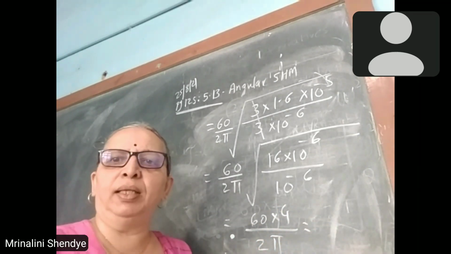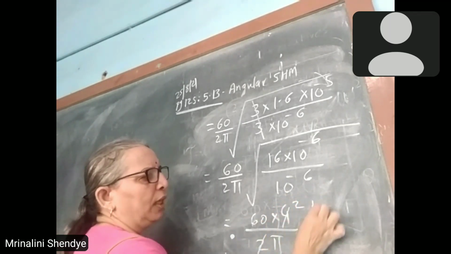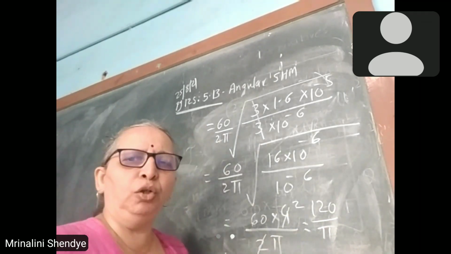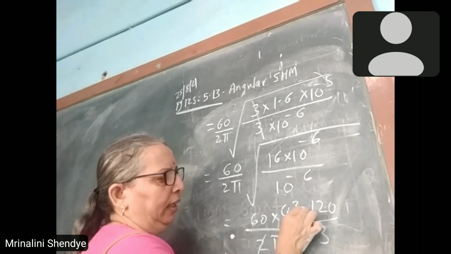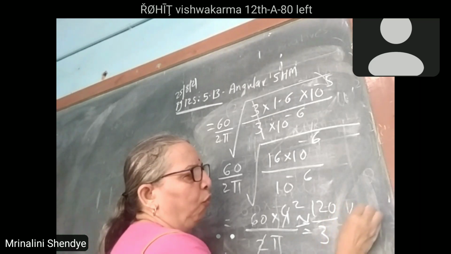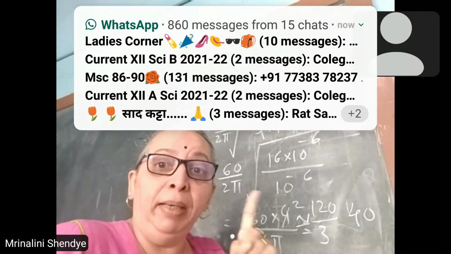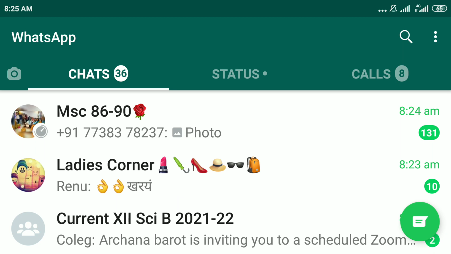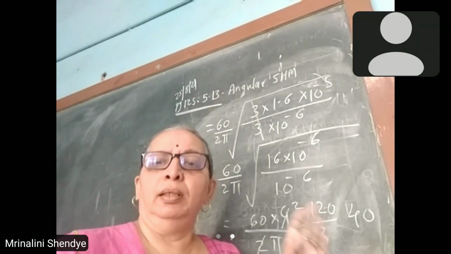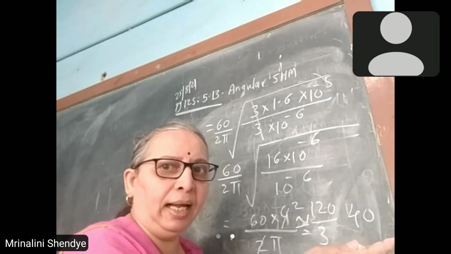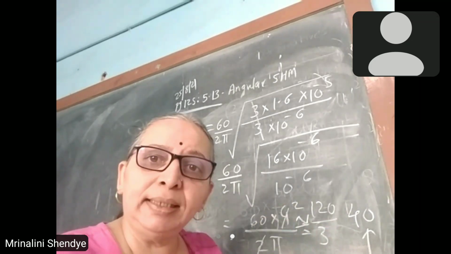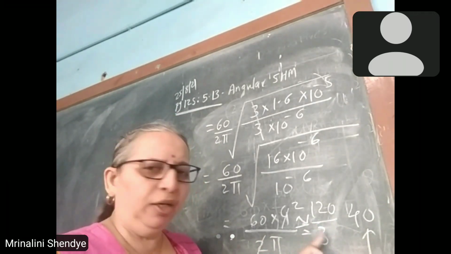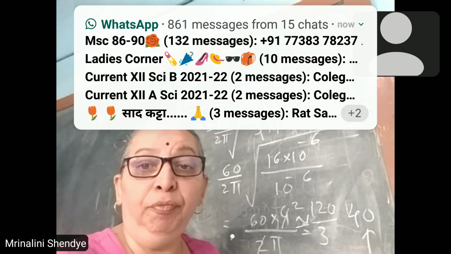When you solve it further, 2 into 4, 6 into 20, it is 120 by pi, and pi is 3.14. So we could use logs. Let us take pi nearly as 3 and see what happens. How much will it come, 40 oscillations in 1 minute, I am saying in 1 minute, it is 40 divided by 3. Since pi is greater than 3, your last answer will be less than 40. So it is performing nearly 40 oscillations. The exact value of pi is 3.1, so 38 point something will come if you use log tables.